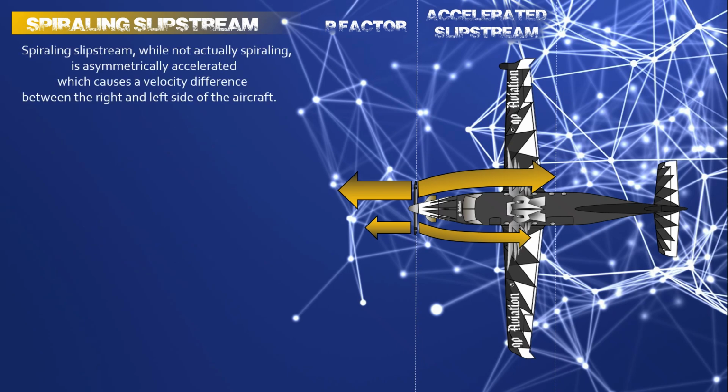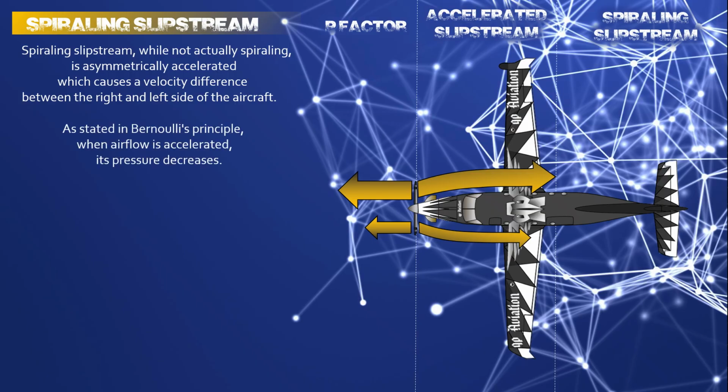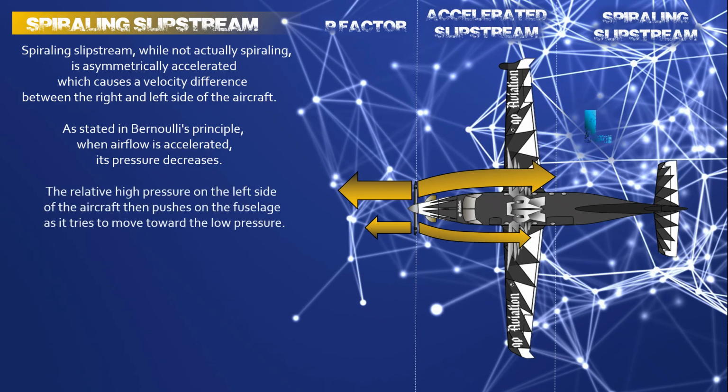Spiraling slipstream, while not actually spiraling, is asymmetrically accelerated, which causes a velocity difference between the right and left side of the aircraft. As stated in Bernoulli's principle, when airflow is accelerated, its pressure decreases. The relative high pressure on the left side of the aircraft then pushes on the fuselage as it tries to move towards the low pressure. This results in the slipstream moving to the right.